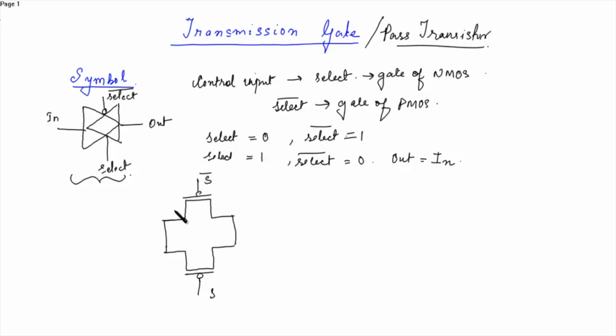Let's say this is the source, this is the drain, this is again the source and drain. The sources of PMOS and NMOS are shorted and input is applied here. The drain of the PMOS and NMOS are shorted and the output is obtained over here. So the schematic diagram is not complete because here's the select line and here's the select bar.